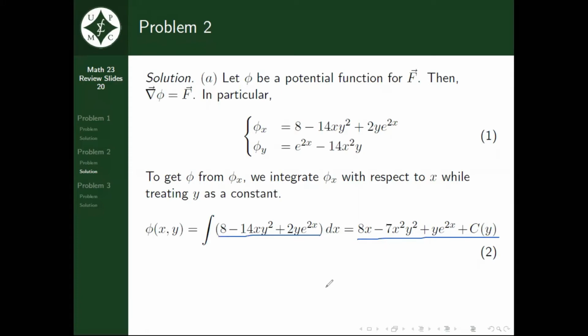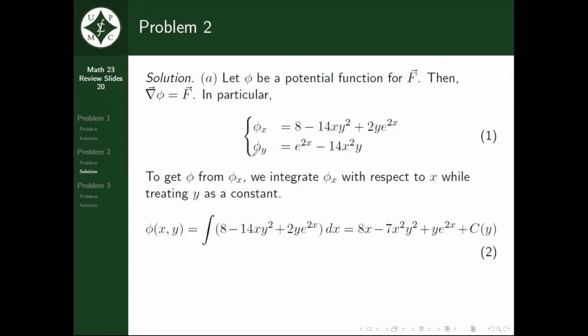And since we are talking about partial differentiation with respect to x, all functions of y are treated as constants. Now we have this temporary phi.